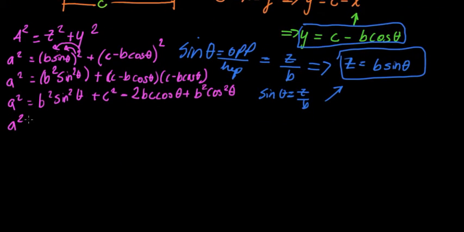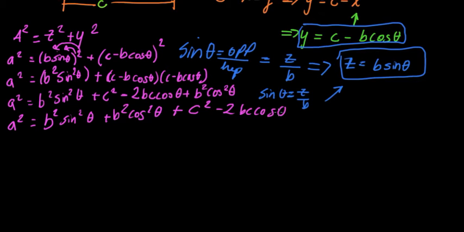We'll get a squared is equal to, now let's look here, we can bring this b squared cosine squared theta over here with this b squared sine squared theta, so we have b squared sine squared theta. We'll bring this plus b squared cosine squared theta with it, so we can potentially use one of our trig identities, and then we'll just have c squared minus 2bc cosine theta left.